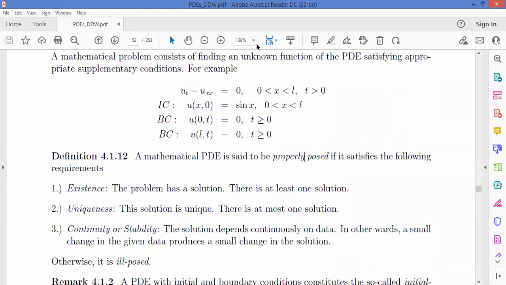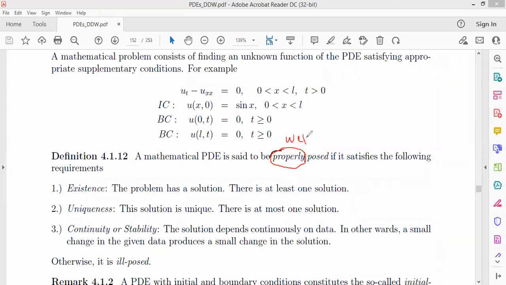It can be properly, what we are calling properly here, posed. This is the same as saying it is well posed. A mathematical PDE is said to be well posed if it satisfies the following.